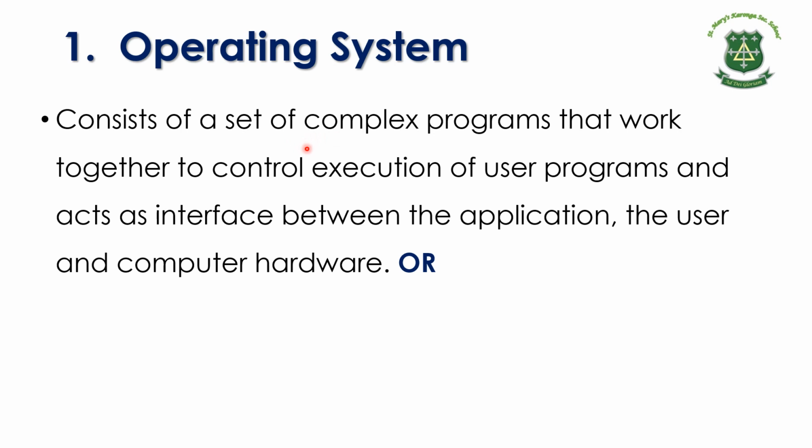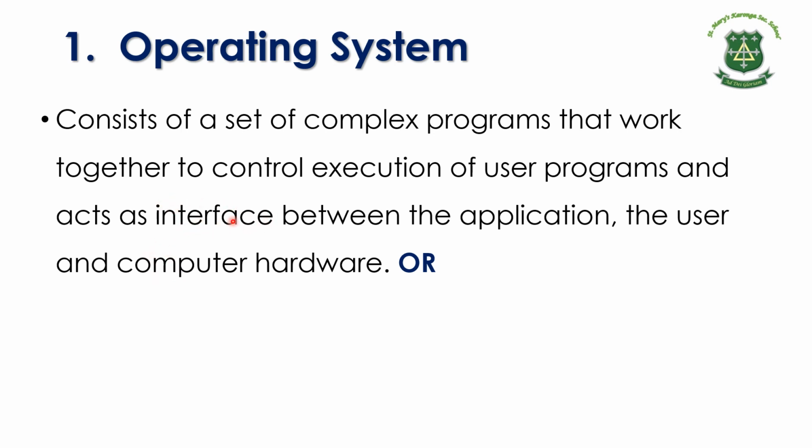What we are saying here is that it is a set of complex instructions or programs that work together to control the execution of user programs. And it also acts as a go-between, an interface.